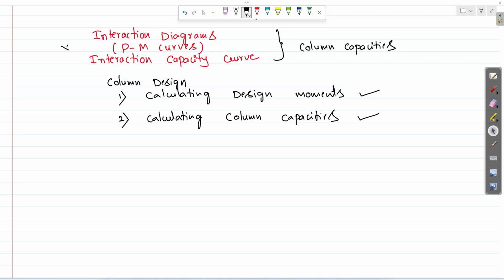ETABS will calculate both the interaction diagrams as well as design moments. In the case of manual design, you need to refer to SP16 for column capacities.